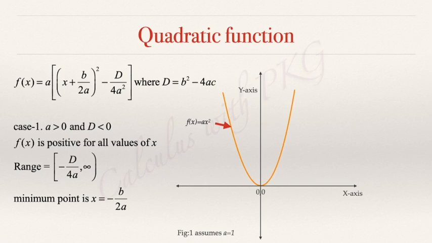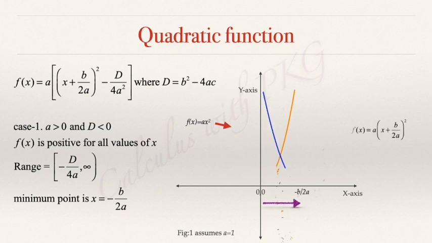Now if we shift the graph by minus b by twice a, then the new function becomes, as per the shifting formula studied in the previous lecture, f of x equal to a within first bracket x plus b by twice a whole square.